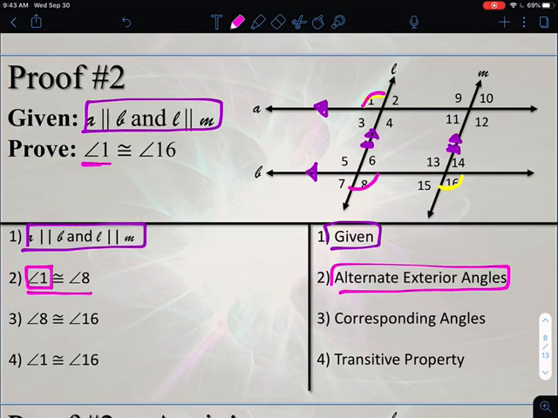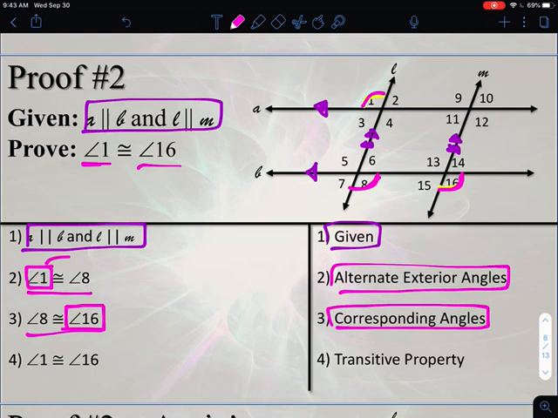If I look at my picture, because of my parallel lines, angle 8 and angle 16 have to be congruent to each other because they're corresponding. So because I have my parallel lines, those corresponding angles have to be congruent to one another. And so now I have 16 in the picture, which is what I need for my proof. I need angle 1 to be congruent to angle 16.